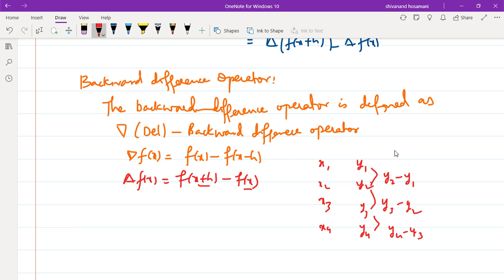So this is the forward difference, delta. But the backward difference is f of x minus f of x minus h.